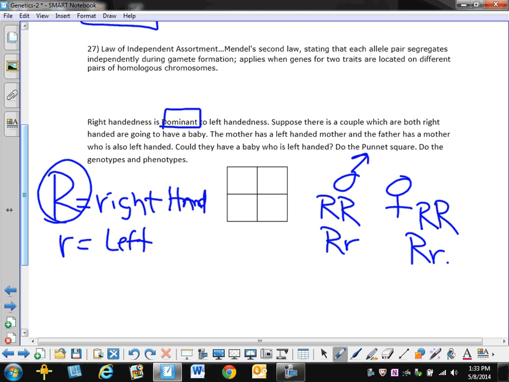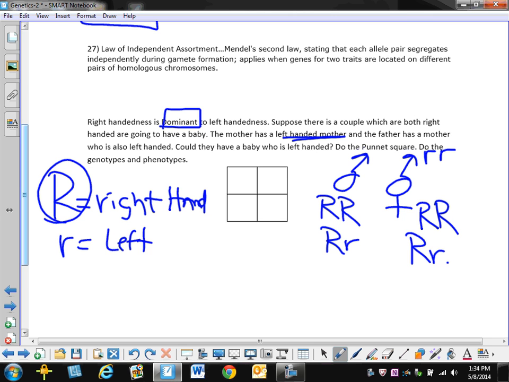We're not sure where to go. The mother has a left-handed mother, so she has to be left-handed. For a recessive trait to show, what does it have to be? The only way she can be left-handed is little r, little r.